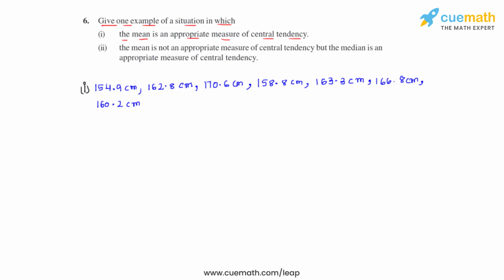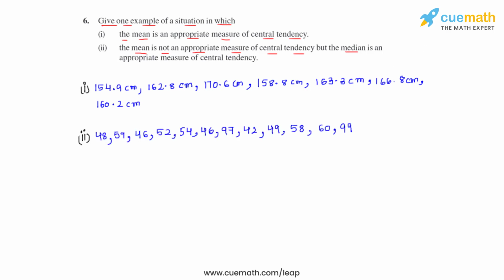Now the next part of the question says we have to give a situation in which the mean is not an appropriate measure of central tendency, but the median is. So as already discussed, any data which has got extreme values cannot have mean as its appropriate measure of central tendency. So let's take an example.